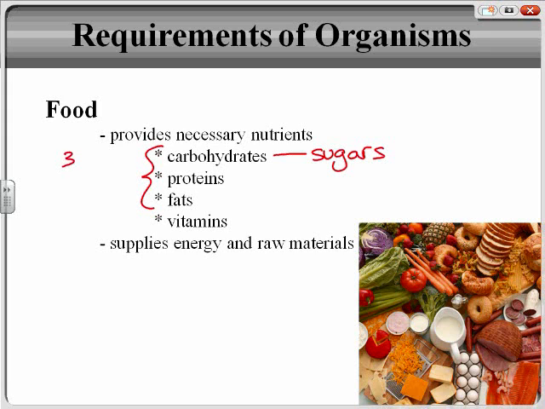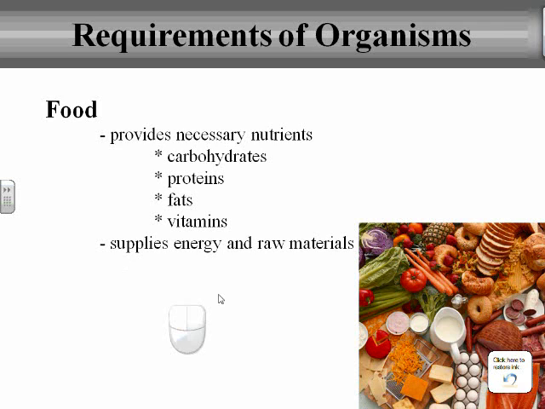These are 3 of our 4 organic compounds. 3 out of our 4 organic compounds are actually foods that we eat. Vitamins is not an organic compound. But these are what are going to be necessary for really sustaining that energy for you to carry out all of the different life processes that your body needs in order to maintain life.